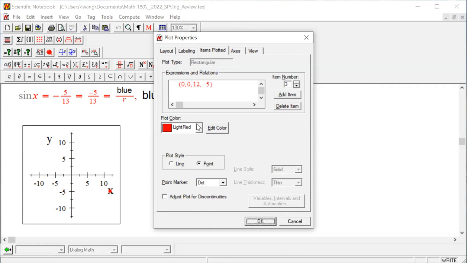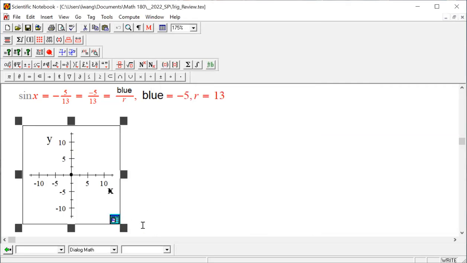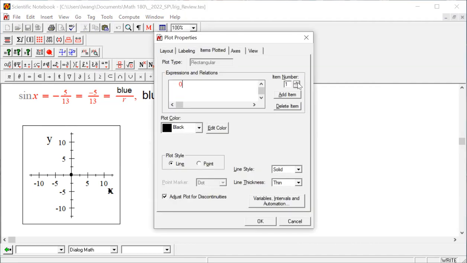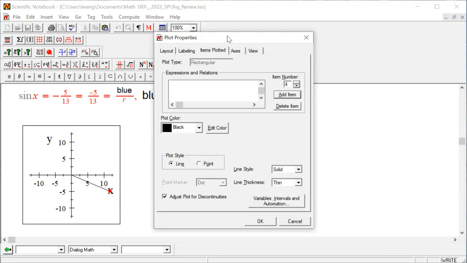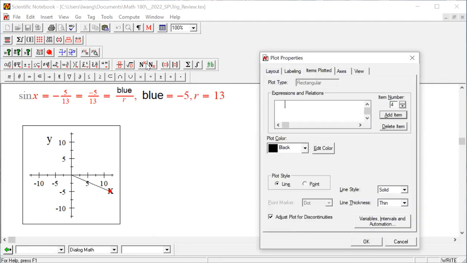Whoops, no, I did it wrong. It needs to be a line. Yeah, so that's the terminal. Okay, so the blue is going to be this piece. Let me draw the blue and the red.